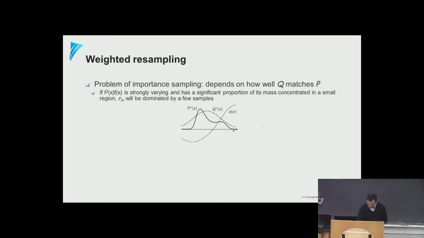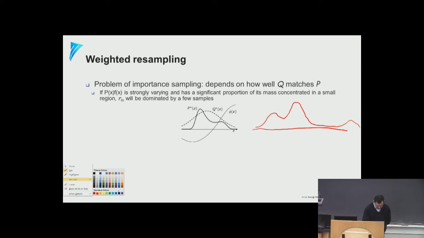Let me just cook up an example for you. So let's imagine we have a target distribution, something like this. Okay. And then I'm going to also have a proposal distribution, say the green one, the blue one.